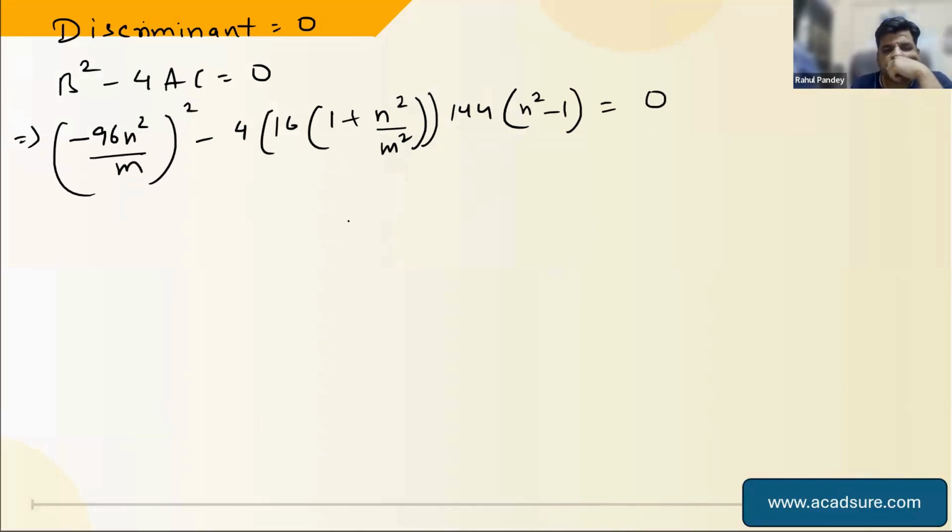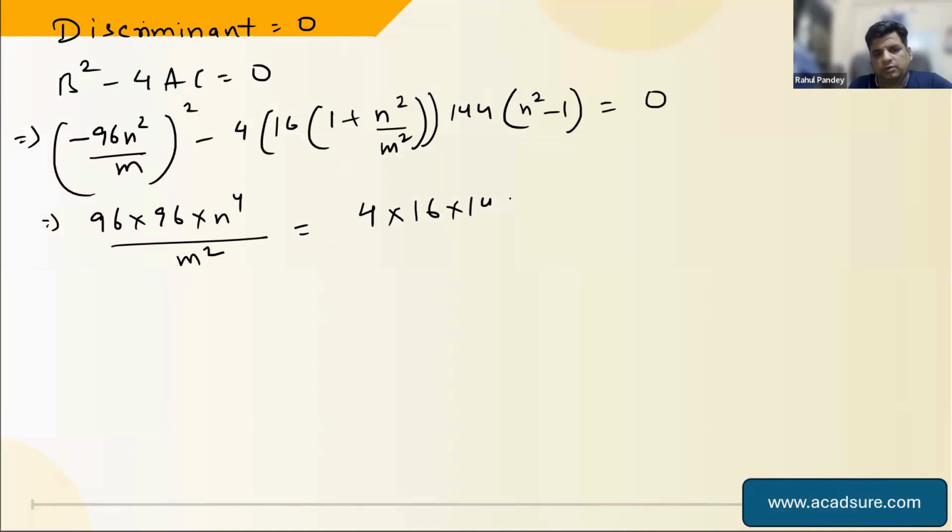So let's equate this. It will be 96 into 96 into n power 4 upon m square is equal to 4 into 16 into 144 into (m square plus n square upon m square) into (n square minus 1).